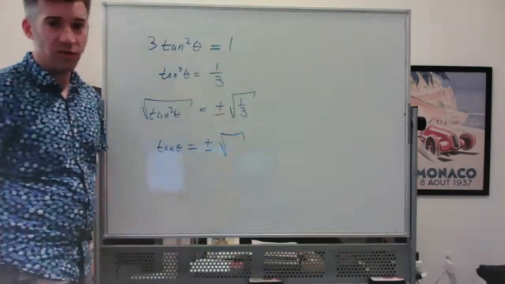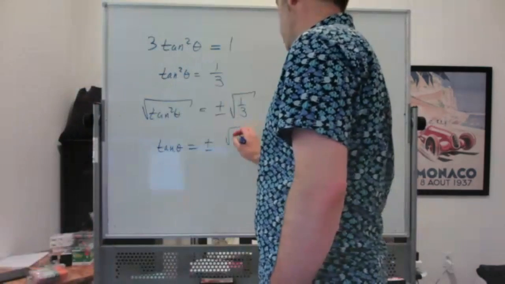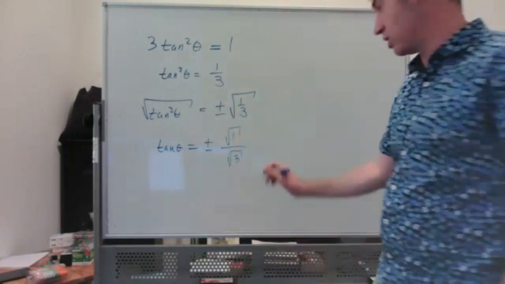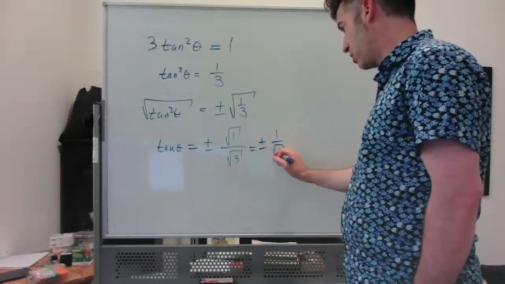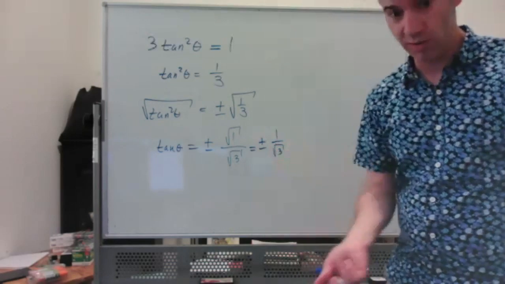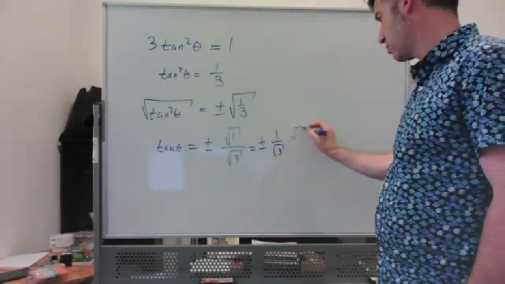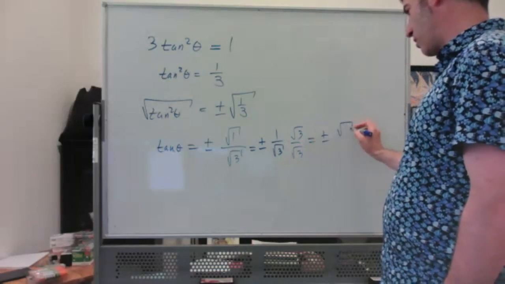Now, square root of 1/3, I really do encourage you to think about it as the square root of 1 over the square root of 3, which you should immediately simplify as just 1 over the square root of 3, because the square root of 1 is always 1. And then we should rationalize by multiplying by root 3 over root 3 to get plus or minus root 3 over 3.